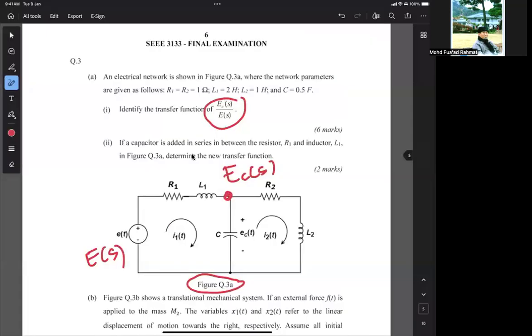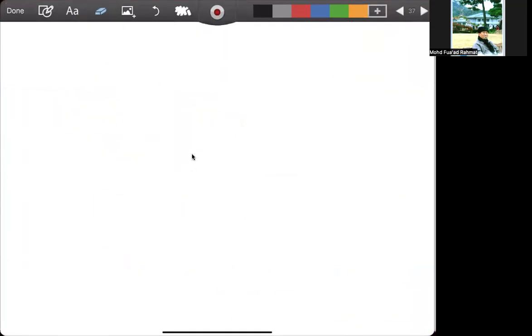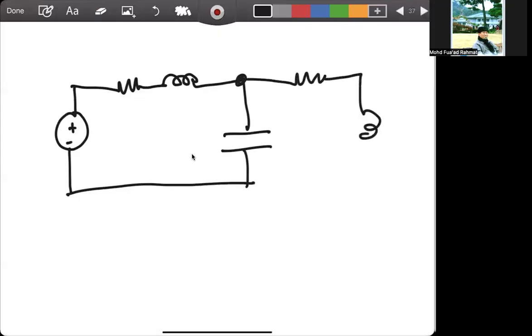As usual, you just replace all the values of the circuits. Okay, where you have R1, L1, capacitance, resistance, inductance.